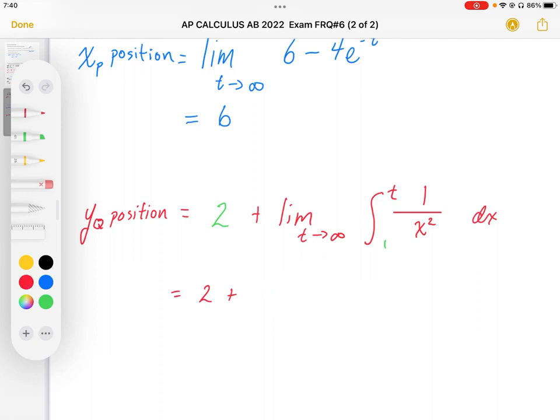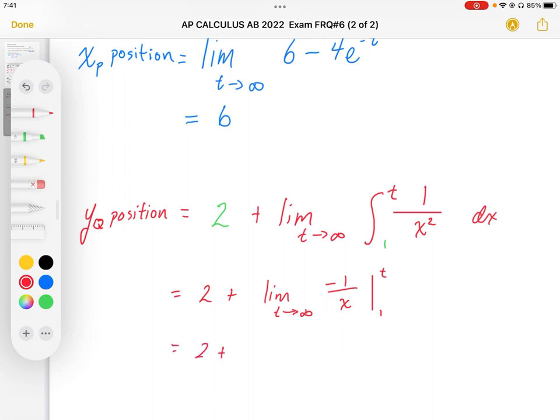Sorry, I need to use my limit notation still. This is going to be the limit as t goes to infinity of the antiderivative, negative 1 over x, with bounds from 1 to t, and we're going to let t go to infinity.